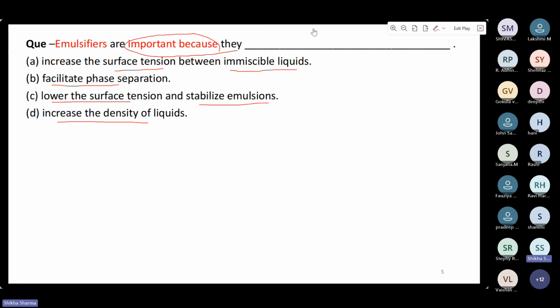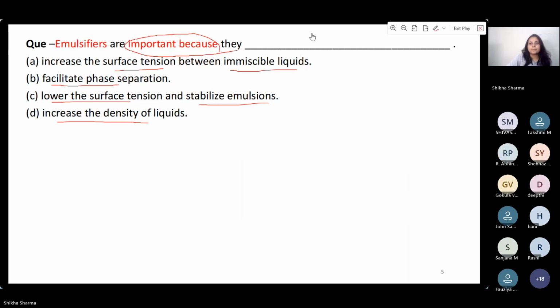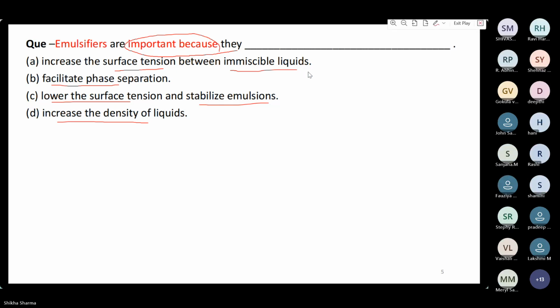So this question is very easy. In case of milk and butter, it will be two-phase emulsions. C.